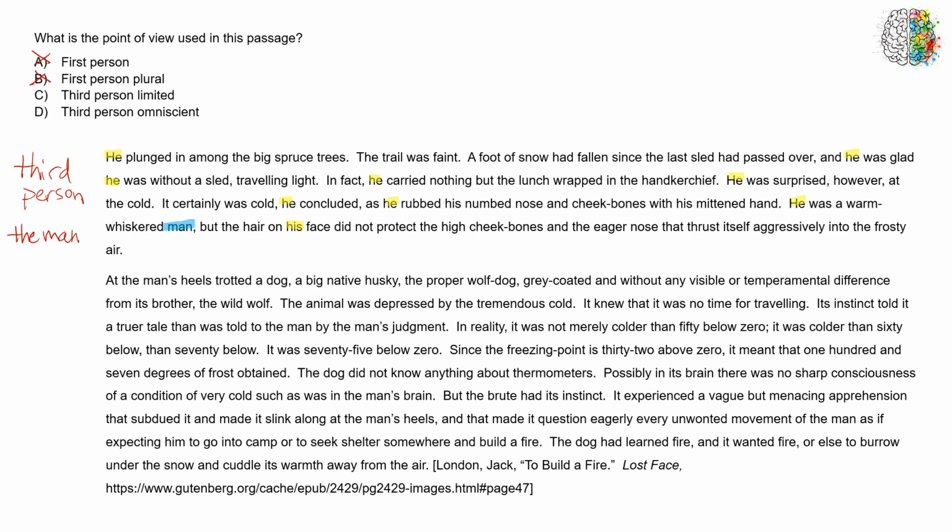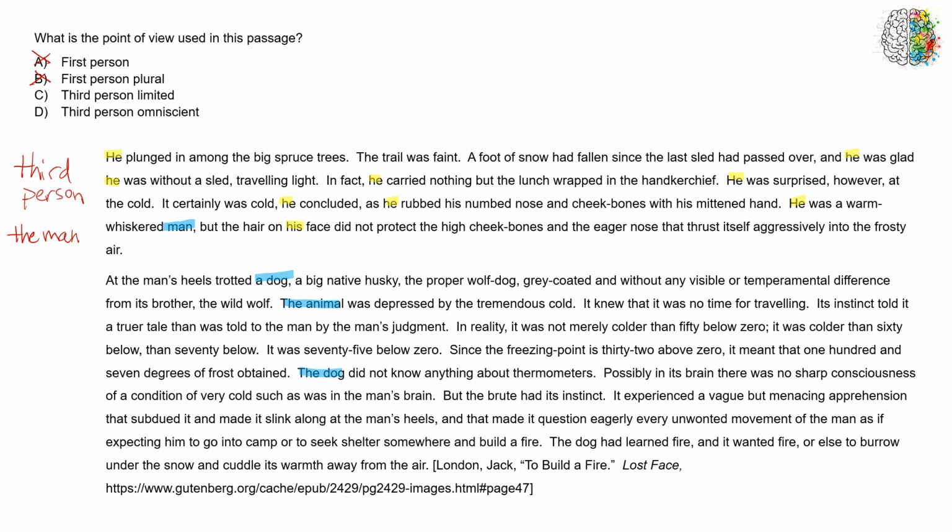Now let's look at the second paragraph to see, is the author going to continue talking about the man, or is he going to introduce another character? So we're looking at, and we see here that it says, at the man's heels trotted a dog, and we have the dog, the animal.